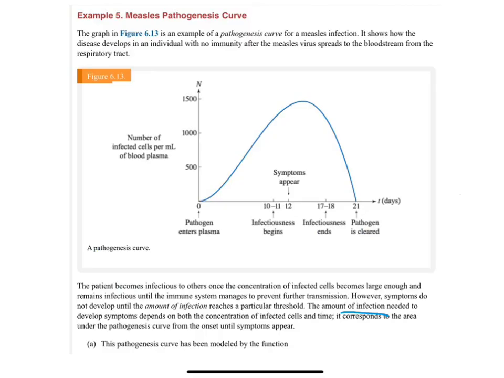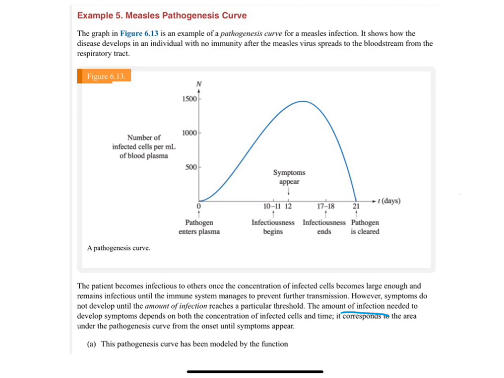It's a whole new context, whole new problem. This is example 5, and this is a measles pathogenesis curve. You guys are of the age where you remember COVID and how we were trying to flatten the curve. This is that curve. This is the spread of a measles contamination of some sort.